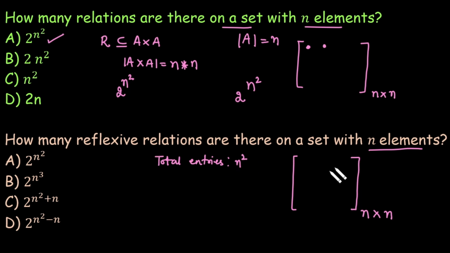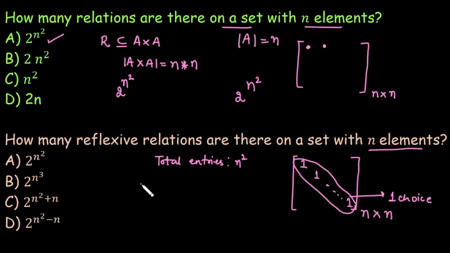Now reflexive means all the diagonal entries are 1, 1, 1, 1. Each diagonal entry has one choice. How many diagonal entries are there? That is n.